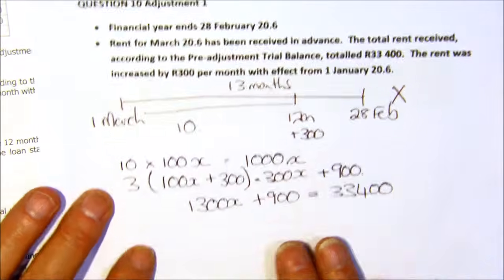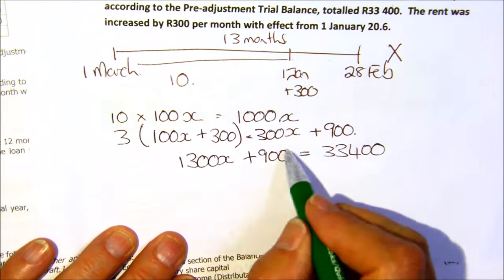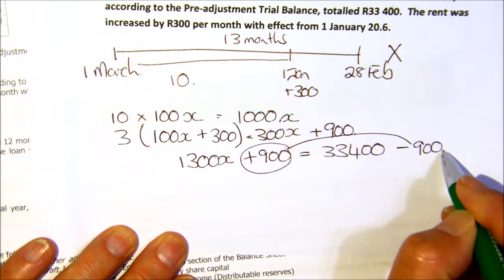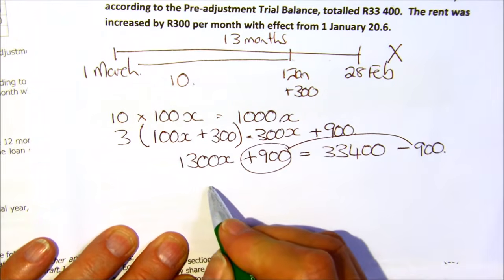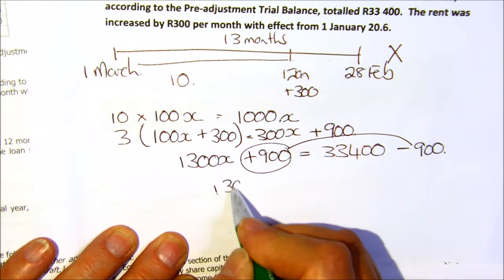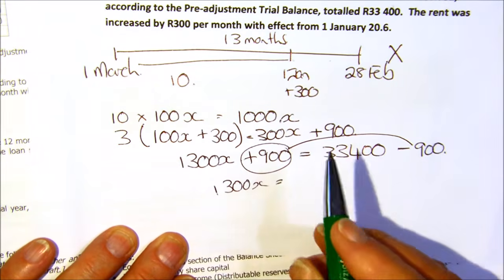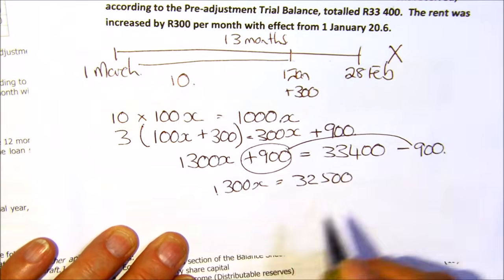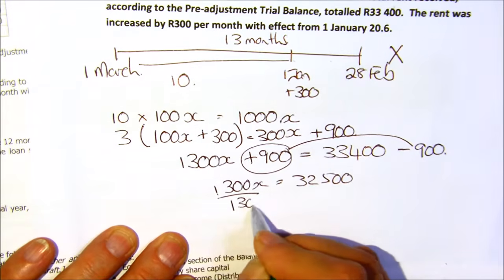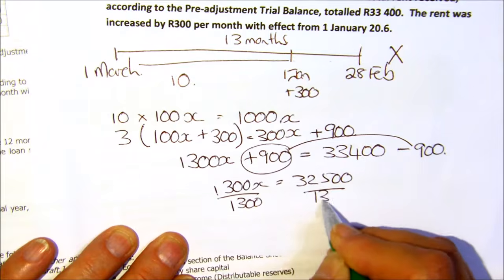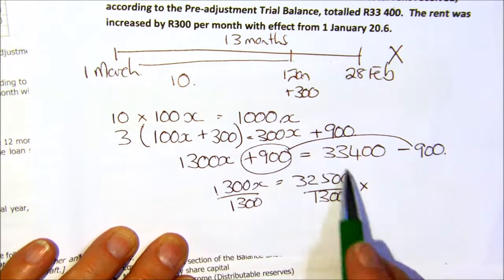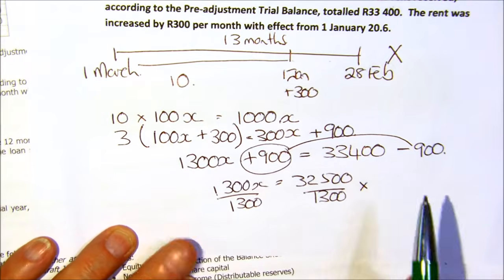Now you should be able to solve this from maths. You know that you take this over and it becomes minus 900. So your 1,300 X's, in this case, is equal to 32,500. You divide by 1,300 on both sides, and that's going to give you what 1 X is.